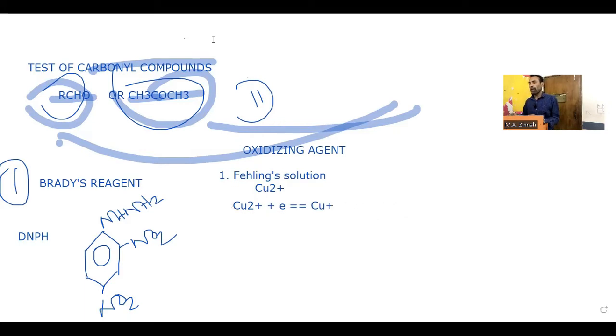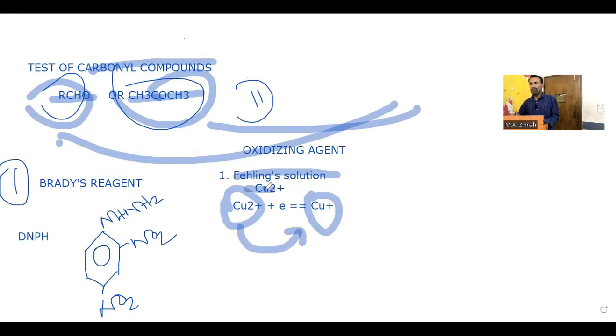So there will be changes. One change will be color. Fehling solution is a pale blue solution, and this forms a red precipitate. One change is from solution to precipitate, and the other is color. The blue solution fades out.